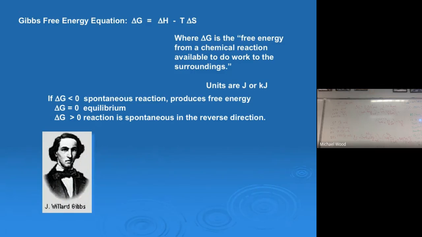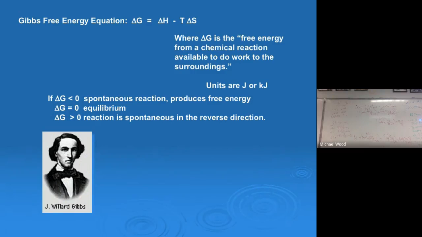Delta G is equal to delta H minus T times delta S. And if you remember where we started today, I said, okay, spontaneous, non-spontaneous, thermodynamically favorable, non-thermodynamically favorable.